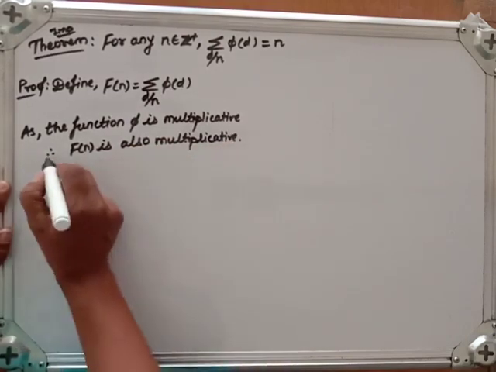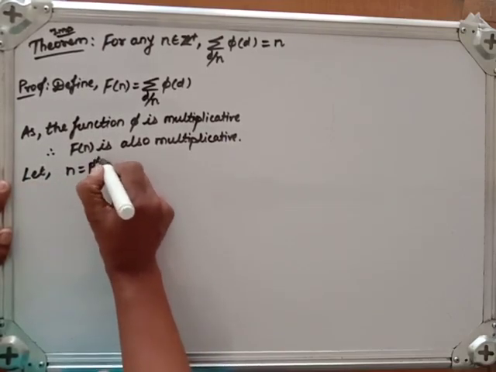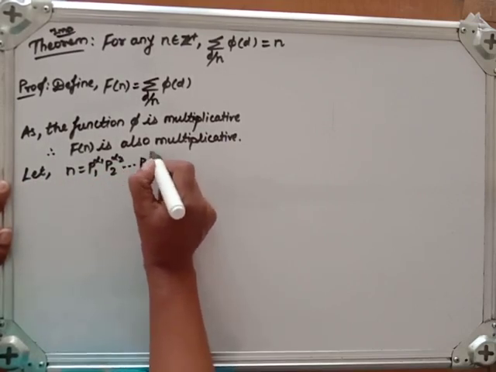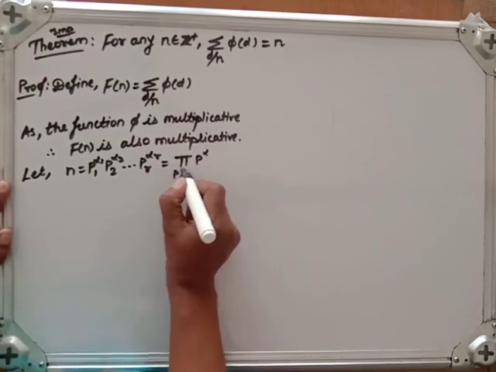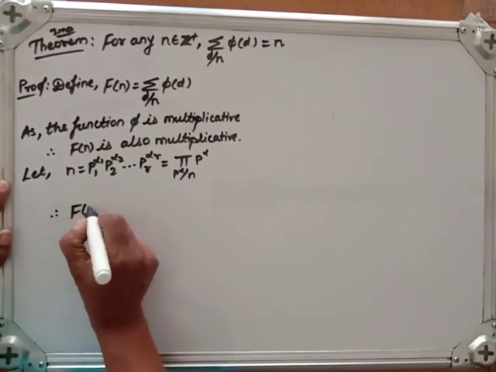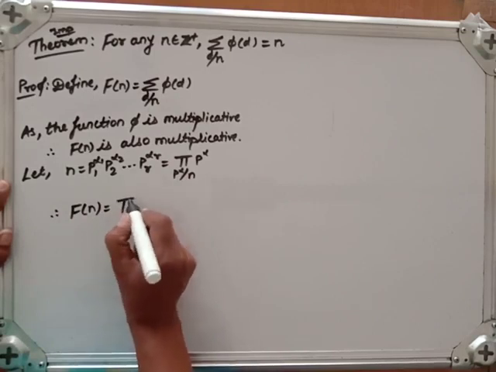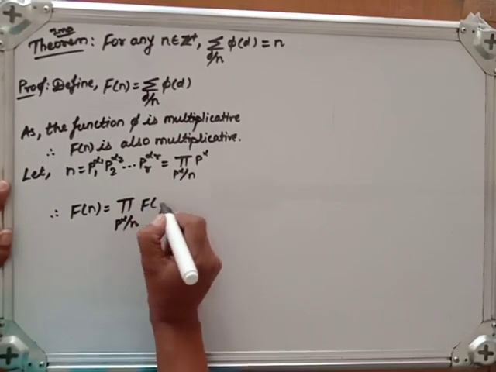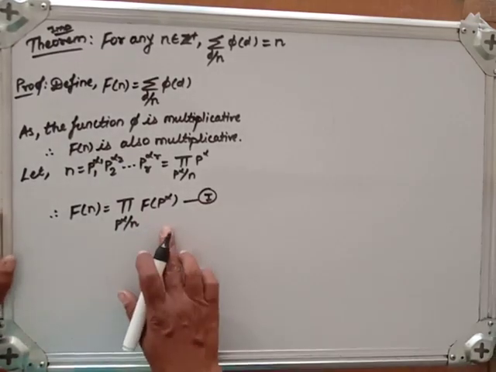Okay, so now let n be equal to p1 raised to alpha 1, p2 raised to alpha 2 and so on up to pr raised to alpha r. That is the product of p raised to alpha where p raised to alpha divides n. Therefore F of n is equal to the product of F of p raised to alpha, where p raised to alpha divides n. Call it equation number 1, as it is a multiplicative function.